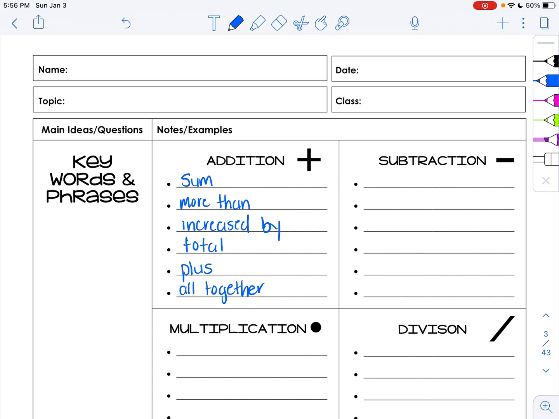For example, if you have the word difference, this means to subtract, or the word less than. The word decreased by, subtracted from, and minus. All of these mean we're going to subtract.